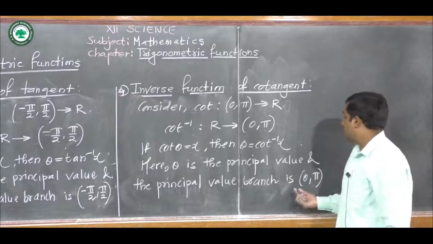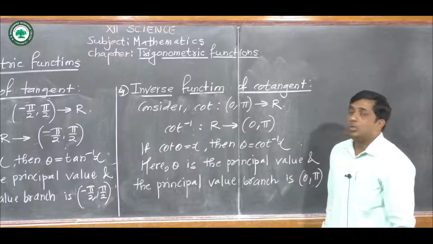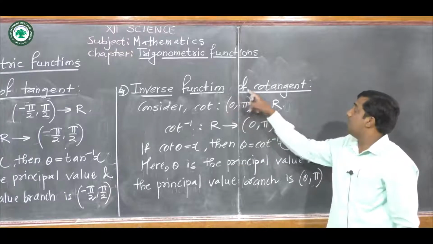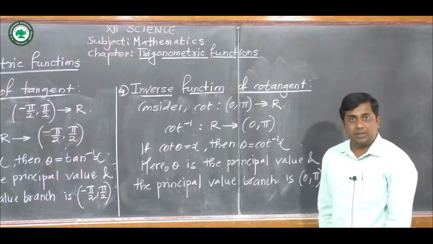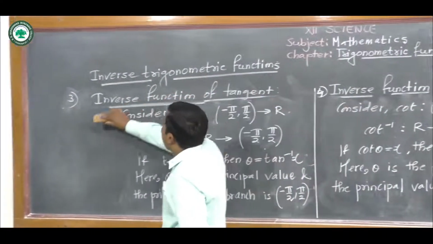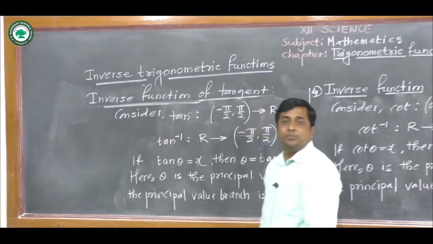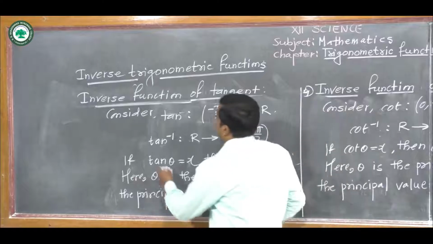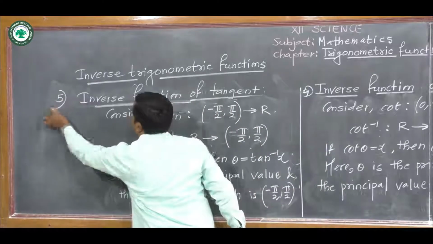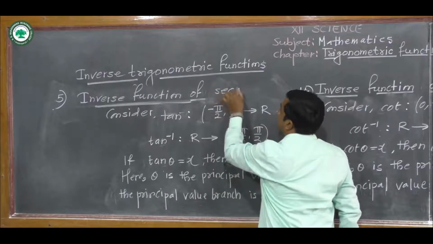So this is for the inverse function of cotangent. Let's go with our fifth point, in which we consider the inverse function of secant.